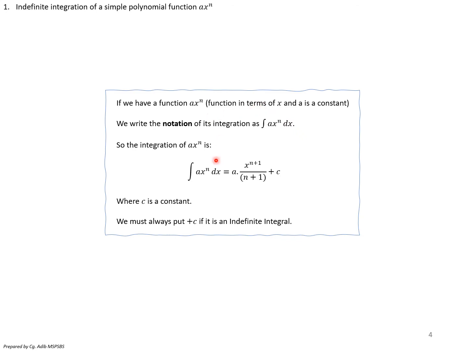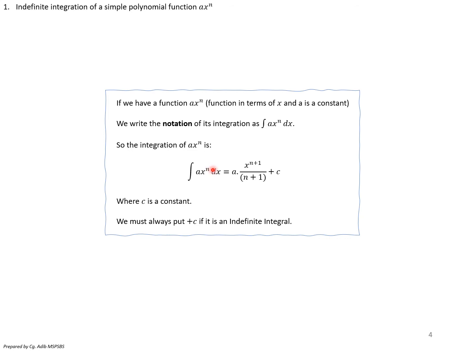So how do we integrate this? So you just follow this formula. So you have constant a here, so you just set it aside, but don't erase it. It's still there under the operation of multiplication, right? So just set aside the constant. Now look at x to the power of n. So the power now, you plus 1 instead of minus.